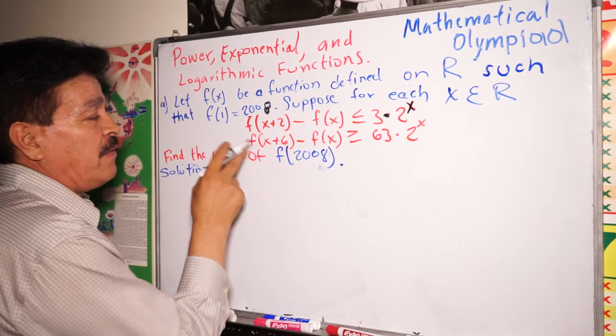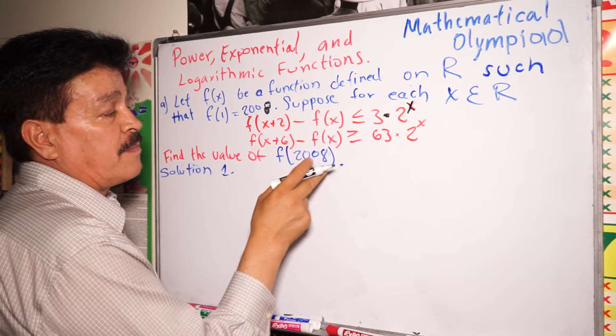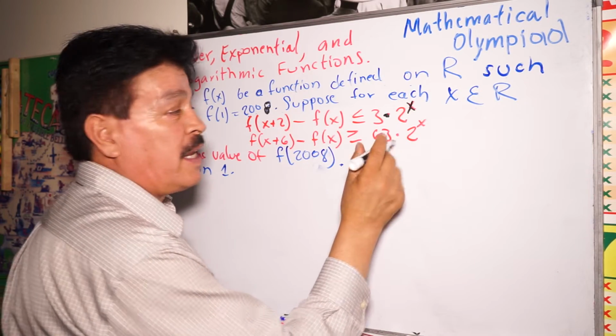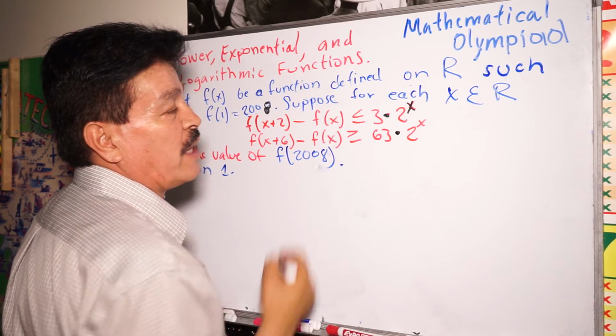The second one: f(x+6) minus f(x) is greater than or equal to 63 times 2 to the x power.